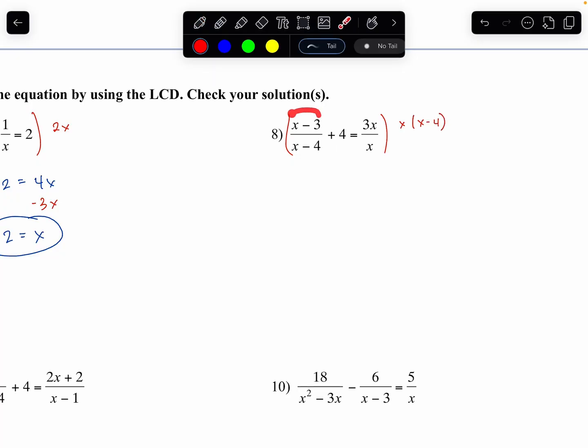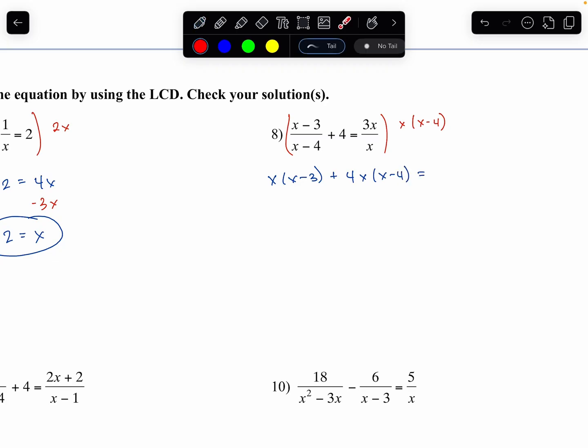Well, if I multiply this term right here by x and x minus 4, because there's already x minus 4 in the denominator, they would cancel out. So I just have to multiply the x by the x minus 3. Now, when I multiply this term by the least common denominator, because the denominator doesn't have either of these factors, then I'm multiplying 4 by both of these factors.